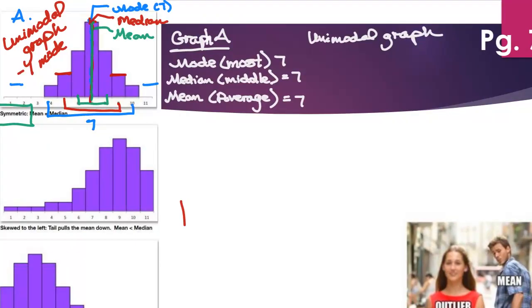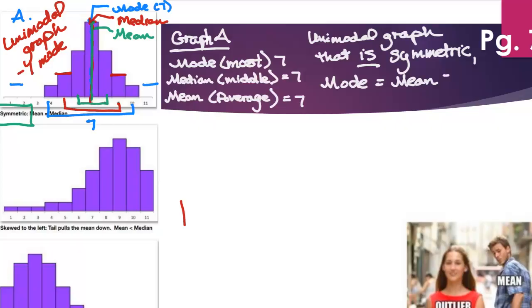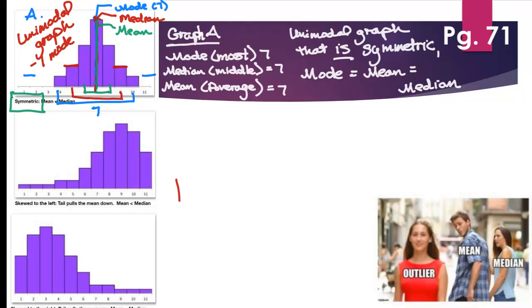So when you have a unimodal graph that is symmetric, meaning it's the same on the right as it is on the left, then your mode is going to be the same as the mean, which is the same as the median. Okay, that's when it is unimodal, when you only have one.